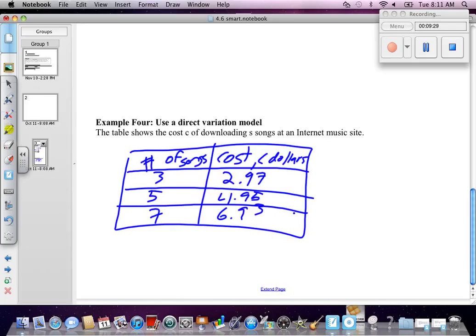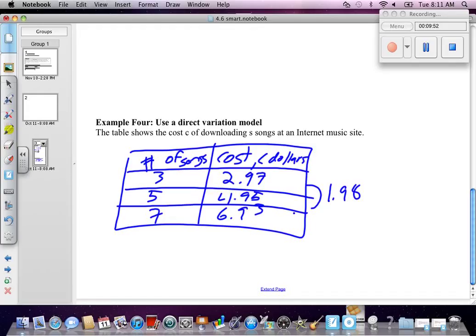So, $2.97 to $4.95. I want to find out how much this is. I'm going up 1.98.